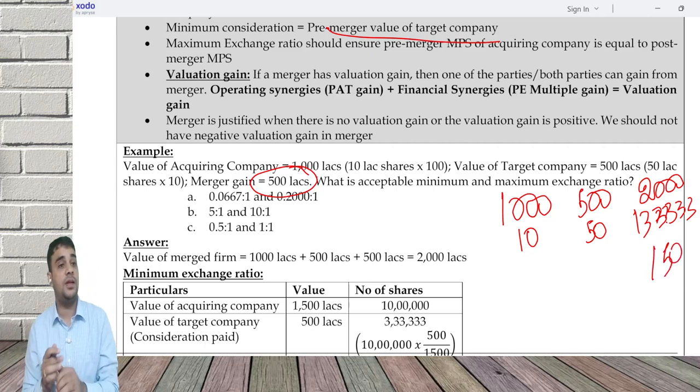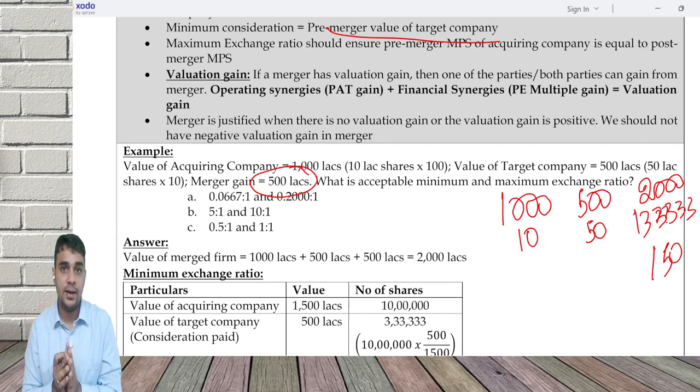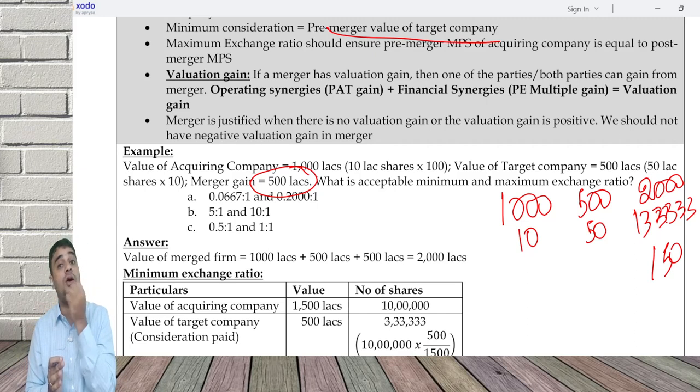So I am paying that consideration. Minimum I have to allot 3,33,333 shares.